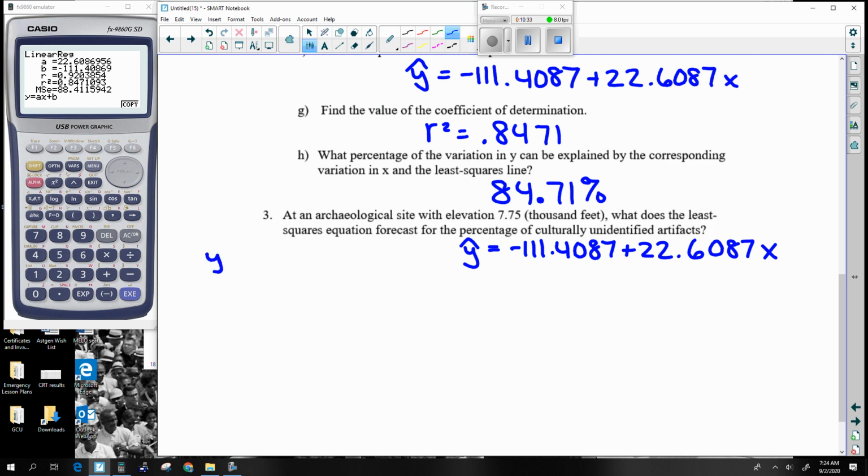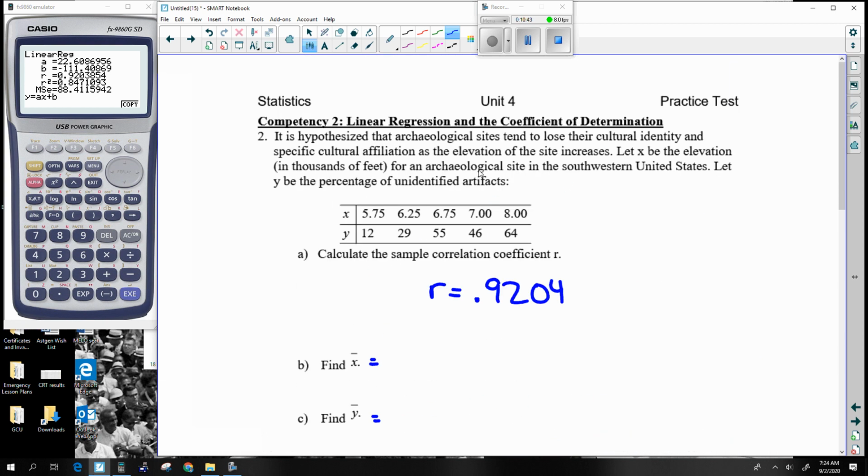And then we come off to the side and identify the words that explain what x and y are, like in problem number 1, where you go back to the writing and identify what the x is. So x is the elevation, and y is the percentage of unidentified artifacts.